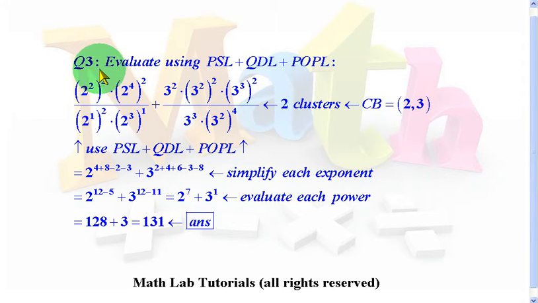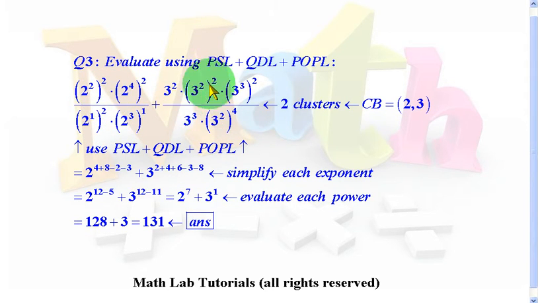Here's Q3. Again, the same 3 laws: product sum law, quotient difference law, and power of a power law. When we look at this expression over here, the first thing I notice is that there's a plus sign. That plus sign is a separator between a left cluster and a right cluster. We look at the left cluster over here, and we look at all the bases, and we see only a single base, 2.